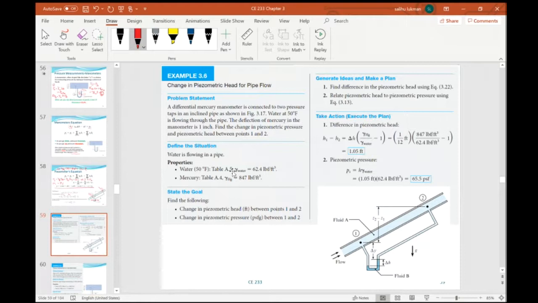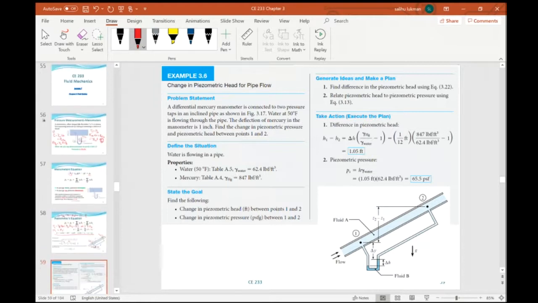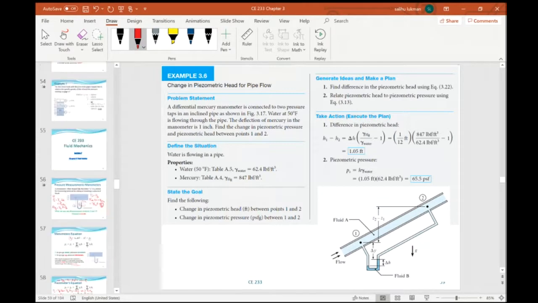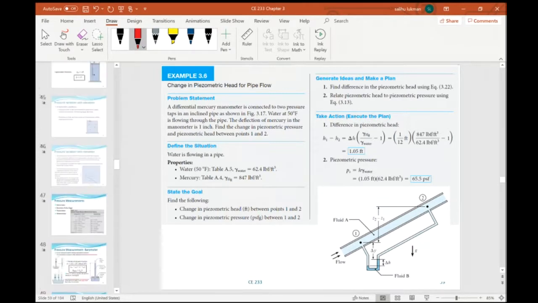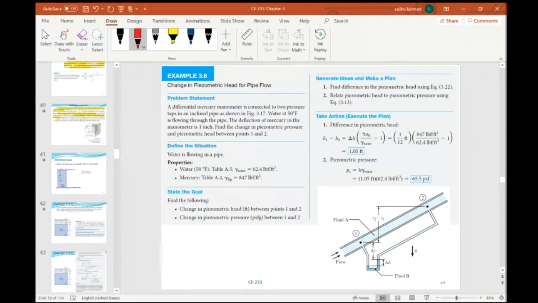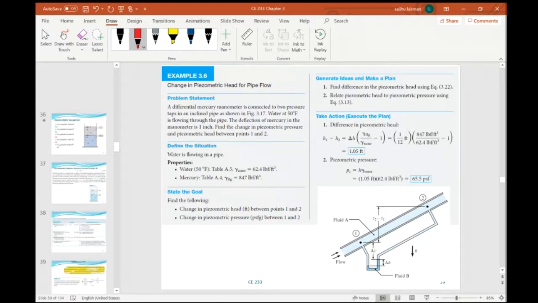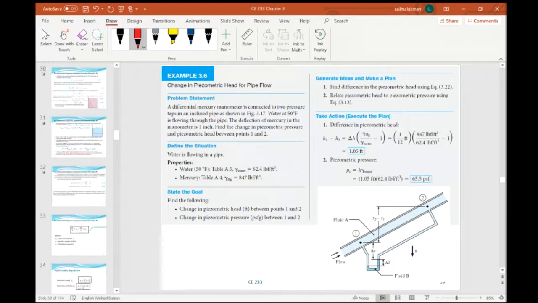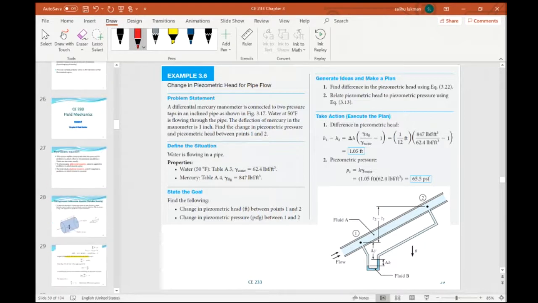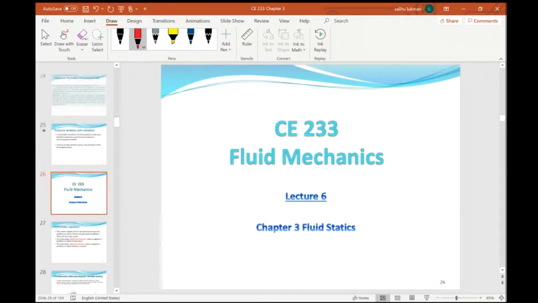I shouldn't have started from these slides, but don't worry. I already explained this slide, so I'll just go back. This is where I was supposed to have started. That is about the piezometric head, and then we will continue with the manometric pressure.